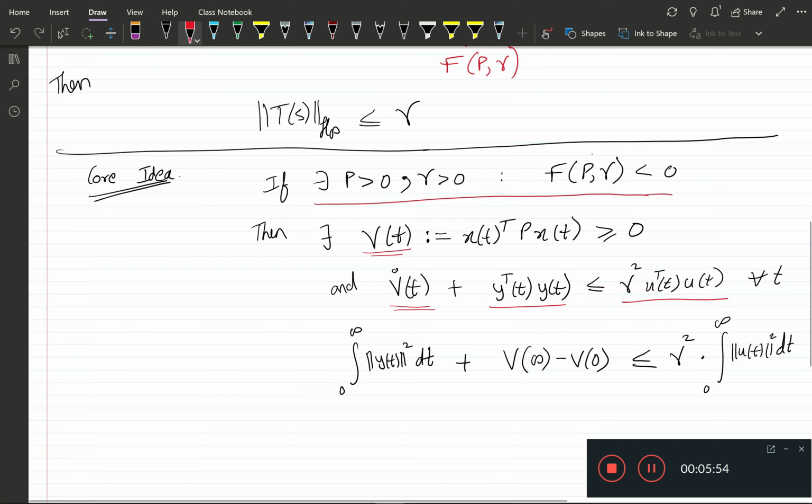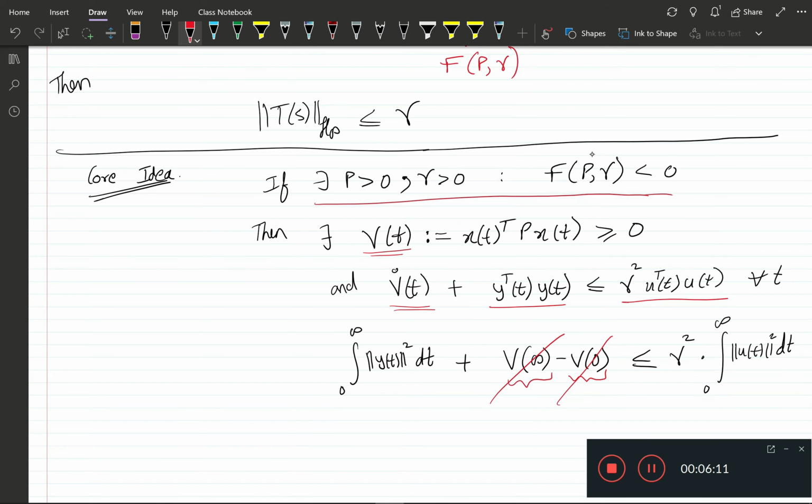Now note that the H infinity norm is only defined for stable systems, and for stable systems V at infinity should go to 0, and we consider 0 initial conditions, so V at 0 should also vanish.